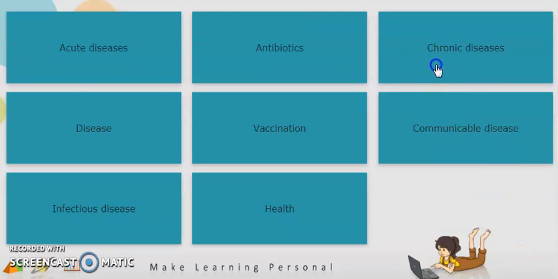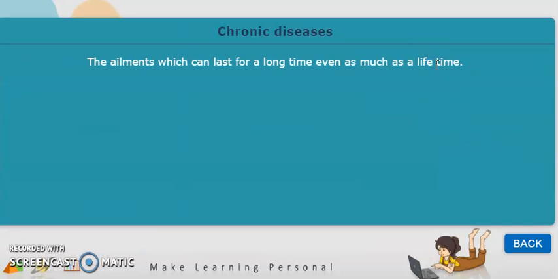Next we have chronic disease. As we have already understood about acute disease, the second type is chronic disease. Chronic diseases are those which can last for a long time, even as much as a lifetime.